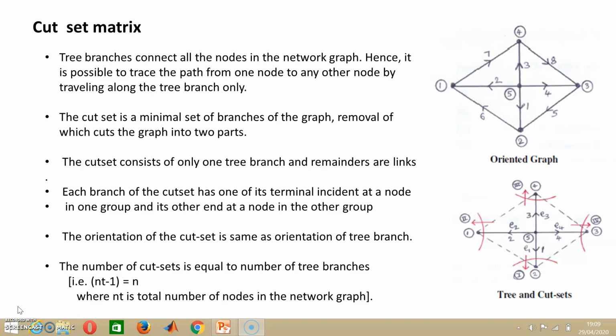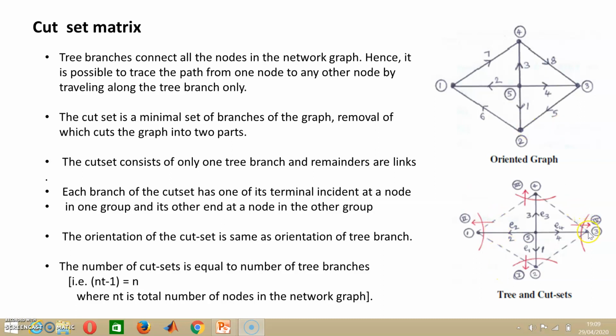Similarly at node 4, 3 branches are connected, 7 and 8 and 3. Among 7, 8 and 3, 3 is a tree branch, and the remaining are all links.